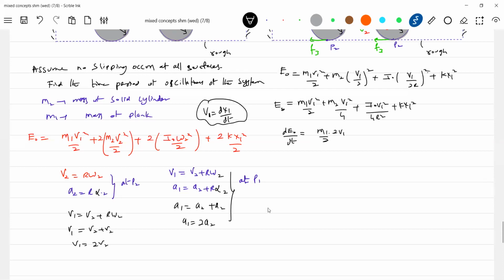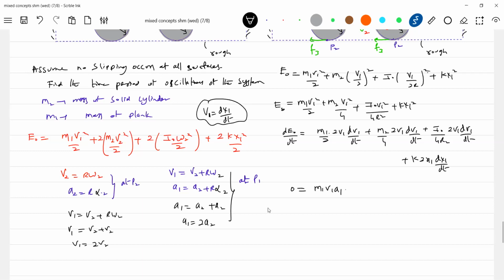M1 by 2, 2V1, A1, plus M2 by 4, 2V1, dV1 by dt, plus I naught by 4R square, 2V1, dV1 by dt, plus k, 2x1, dx1 by dt, is equal to 0.